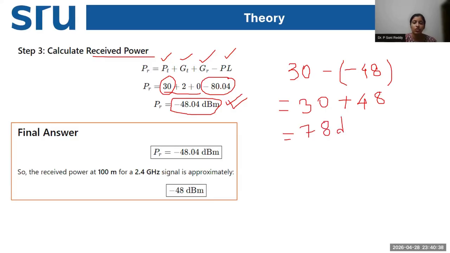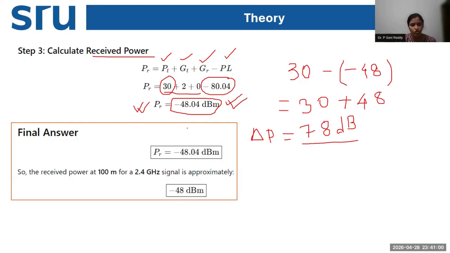This is the amount of power difference between the transmitted and the received signal. That means the transmitted signal is 78 dB higher than the received signal. So you can understand that the received signal power is very, very low compared to the transmitted signal power.